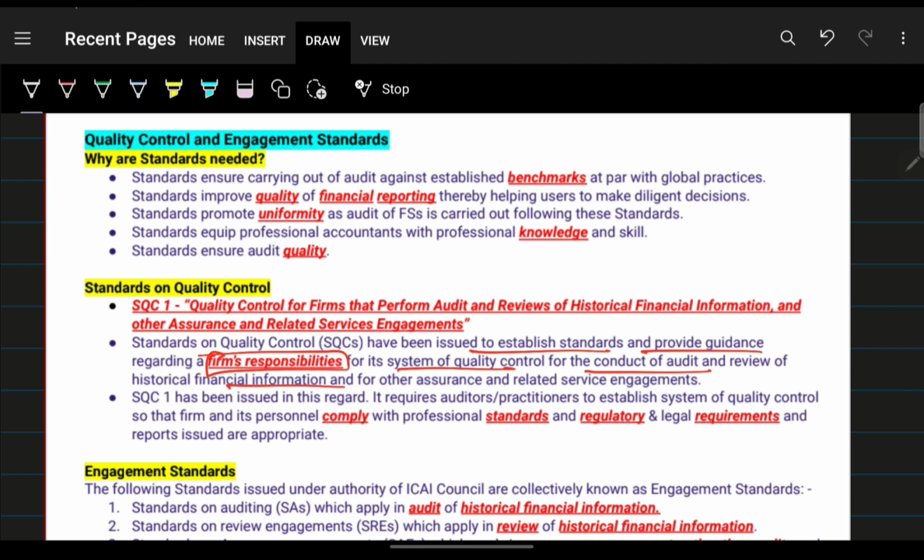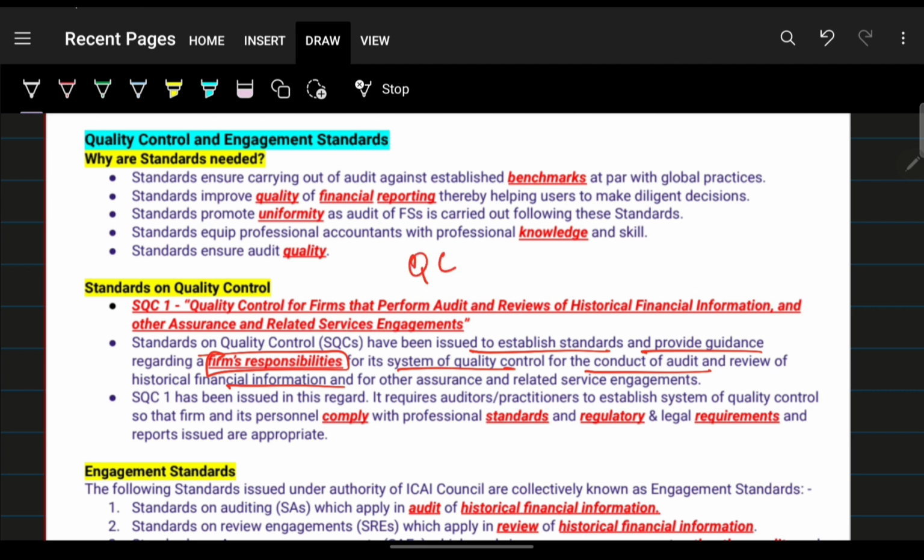So here, basically, what is SQC1? What is the name of SQC1? It is quality control for firms that perform audit and review of historical financial information and other assurance and related services, basically everything. Whatever engagements we had discussed are all covered here.